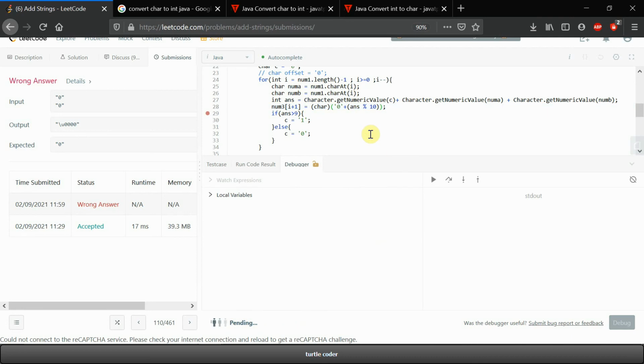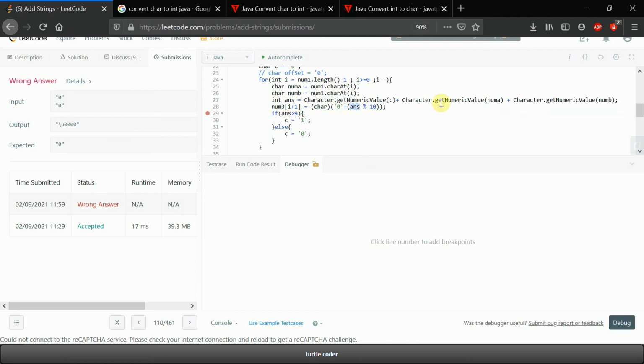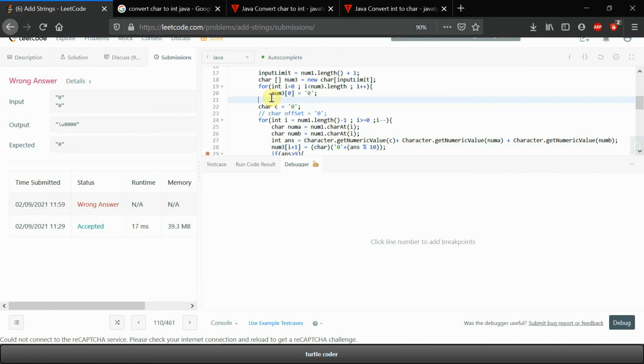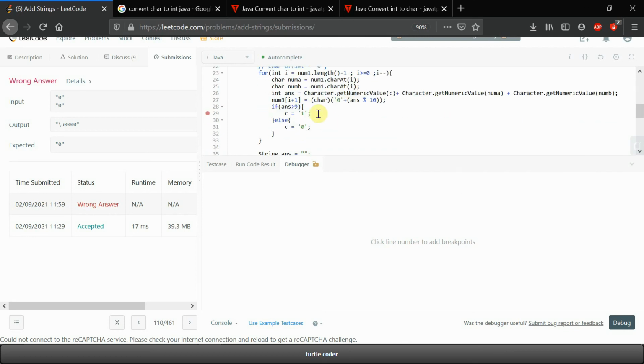Would this work? So if 5 mod 10 is 0, okay, let's update our code. So using this way we can have the values. I think we don't need this loop, so for the first value I have to make the update in such a way where the first character has to be 0 and other characters would be filled up.